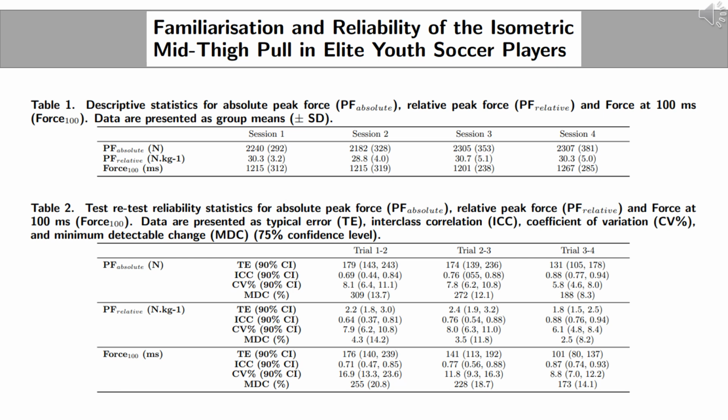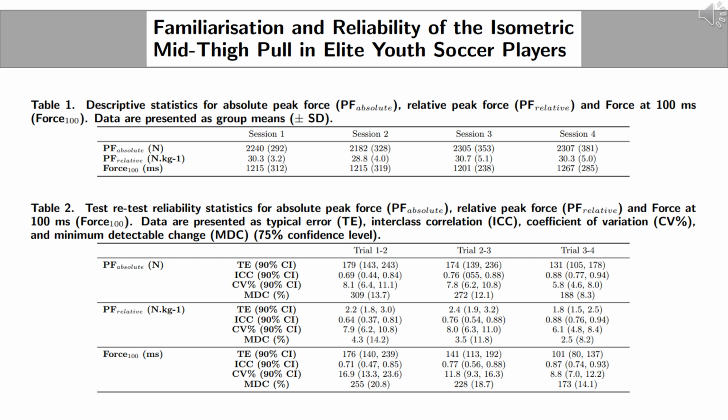So I think the take-home message from this, given that it was done over 4 test sessions, is that looking at absolute and relative peak force data is almost certainly reliable and usable, but metrics such as force at 100 milliseconds, maybe there's a slightly larger learning effect for metrics like that, and particularly metrics like rate of force development, which weren't looked at in this particular study, but are often quite unreliable.